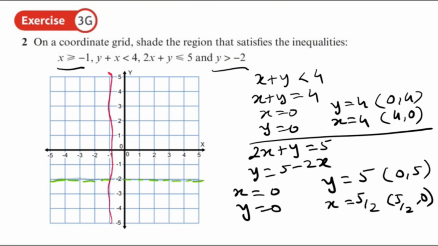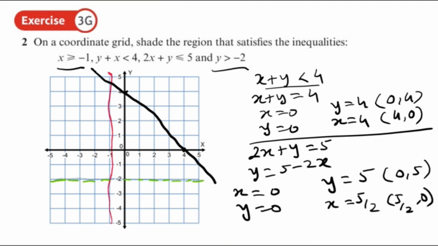This line is there. The third line, which is x plus y less than 4, has (0, 4) and (4, 0). So (0, 4) is this coordinate, (4, 0) is this coordinate. So our line passes through like this. And the fourth line, which is 2x plus y equal to 5, we have (0, 5).